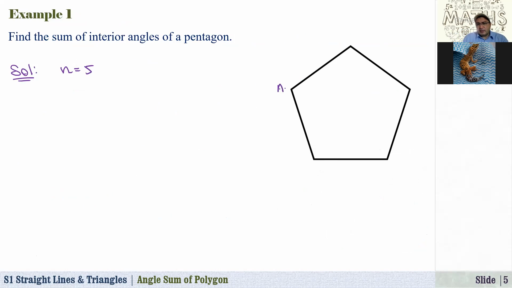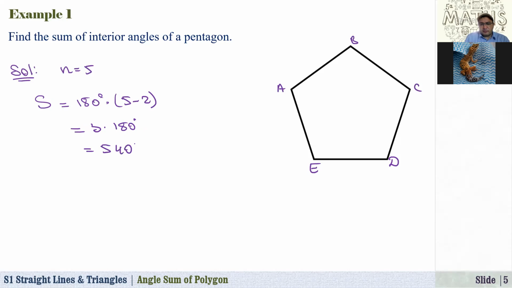Let's say this is A, this one is B, this one is C, this one is D, and this one is E. Let's say the sum is S, that's equal to 180 degrees times 5 minus 2, which is equal to 3 times 180 degrees. That's equal to 540 degrees. So the sum of the interior angles of any pentagon is 540.